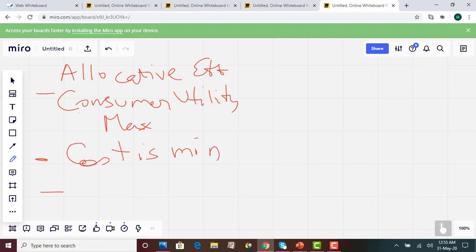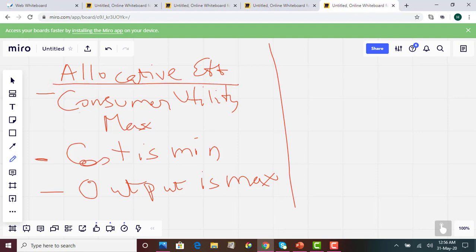And finally, output is maximized. So with the limited amount of resources, the businesses are producing goods and services that are maximum in quantity, and the cost to produce them is minimum. And when consumers purchase these goods and services, their utility or satisfaction is maximized. When all these three conditions are met, then we have allocative efficiency, also known as economic efficiency.